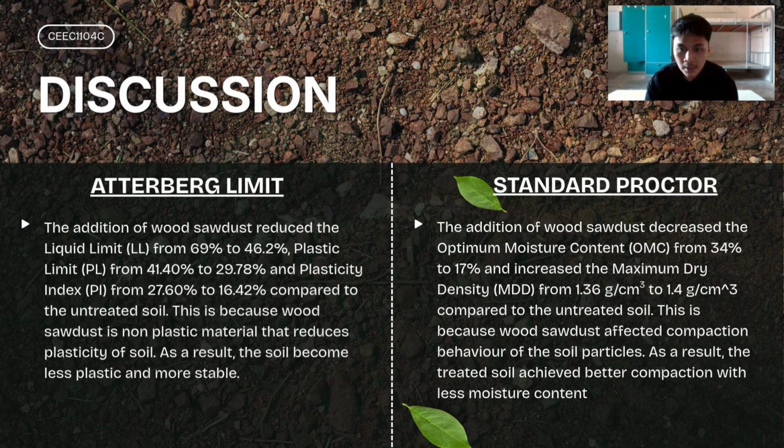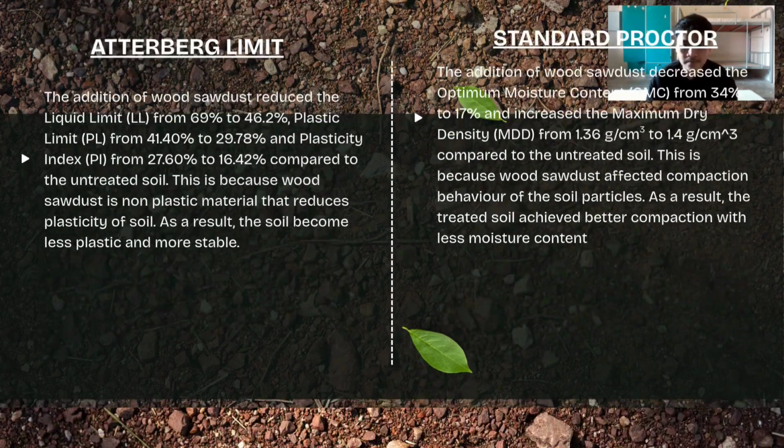At the same time, the increase in maximum dry density suggests that the soil particles were compacted more efficiently after the addition of wood sawdust. As a result, the treated soil achieved better compaction performance and improved density compared to the untreated soil.